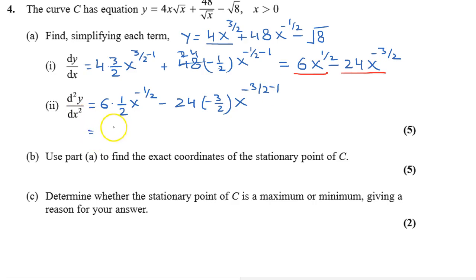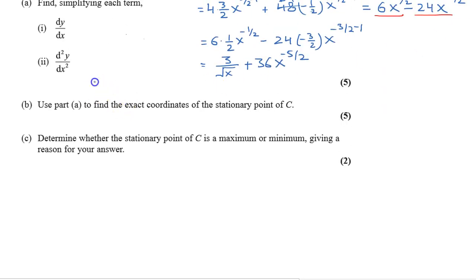So we can write this as 3 over root x, minus and minus plus, 2 times 12 is 24, 12 times 3 is 36, x to the power minus 5 over 2. So this is the differential. This we can also leave like this, 3x to the power minus half, but that is okay.